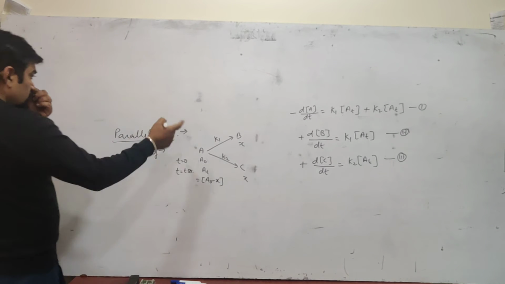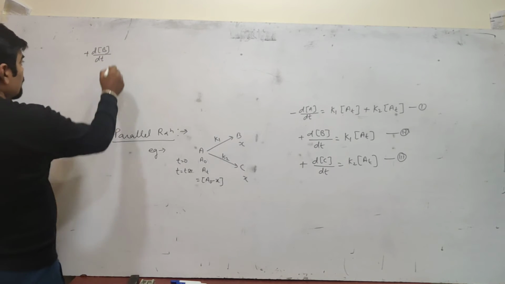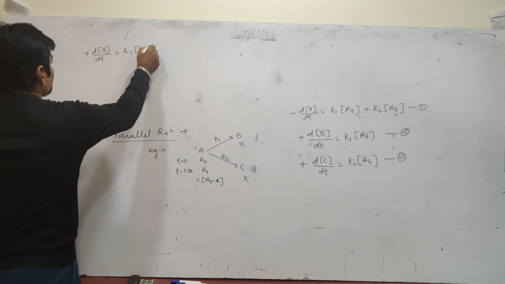So plus d[B] by dt is equal to K1 into the concentration of A after time t.